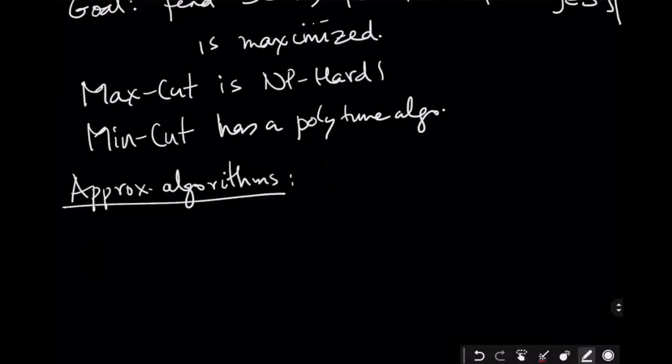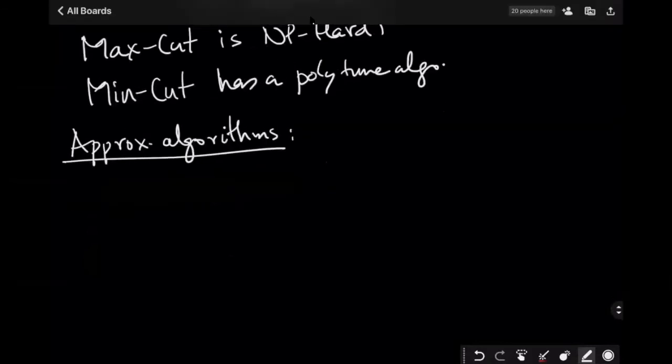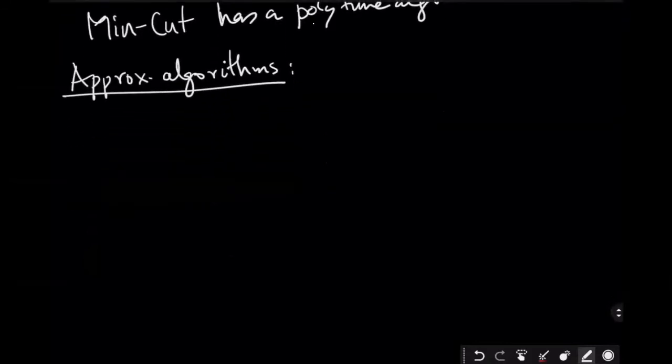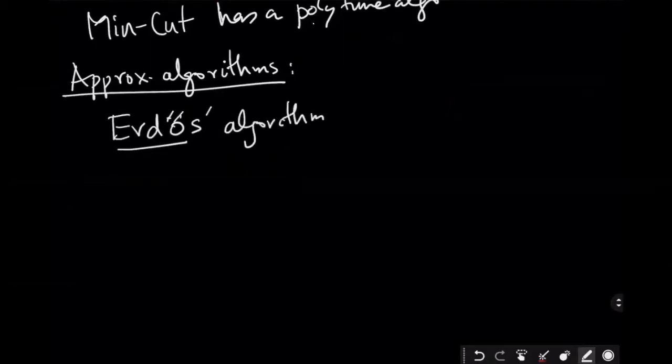And this again has a long history. I'm going to give you an algorithm and call it Erdős's algorithm, but you can see I'm being tongue-in-cheek. Here it is: return a random cut. Can someone tell me what approximation factor this gives?